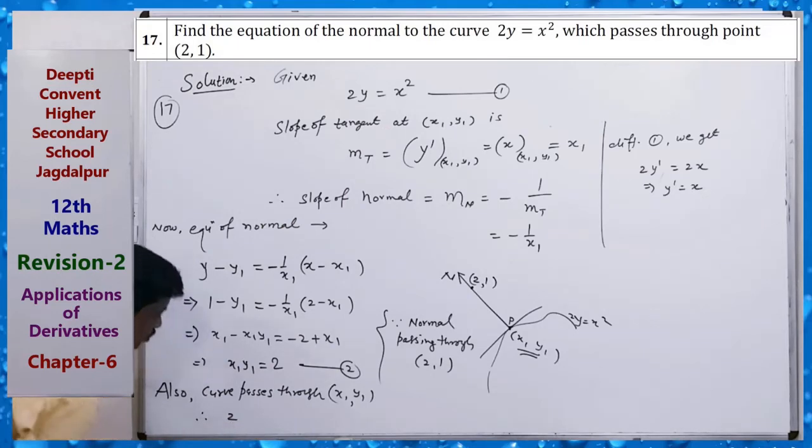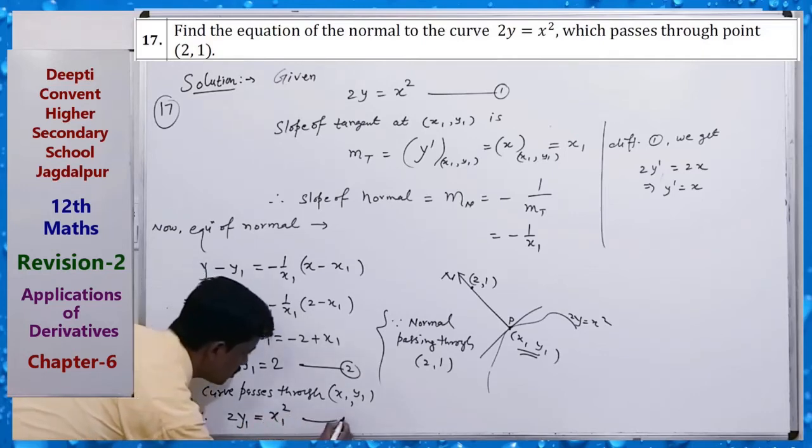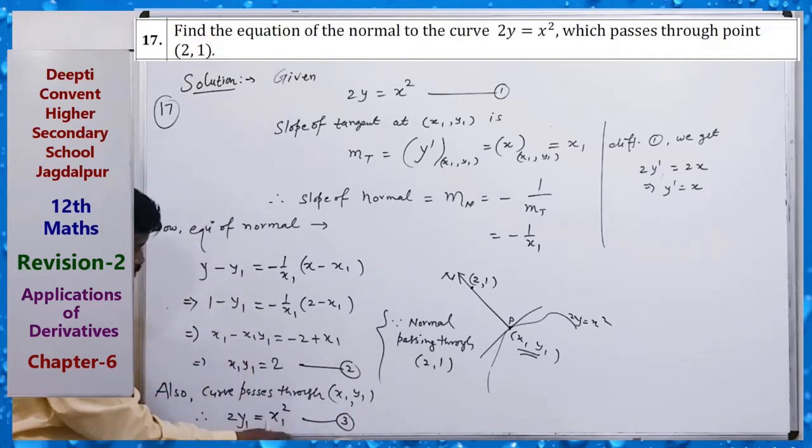Therefore 2 y1 in place of y1 equals to x1 square. This is equation third. Now solving this second and third.